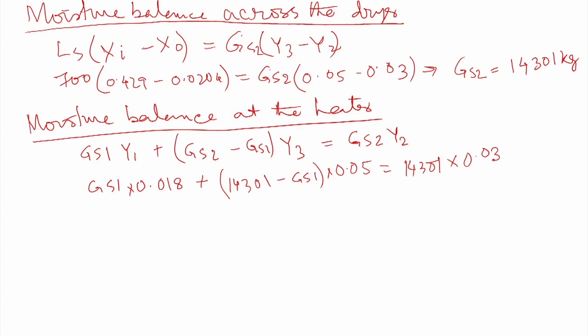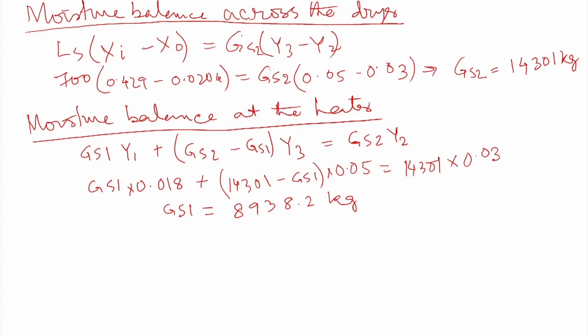From here we will get Gs1 equal to 8,938.2 kg dry air.